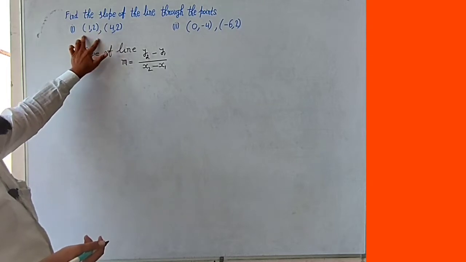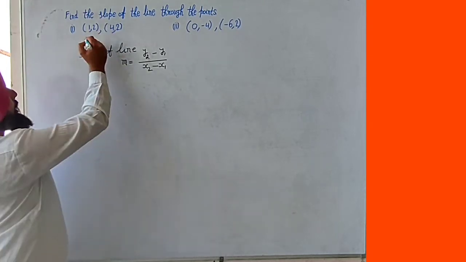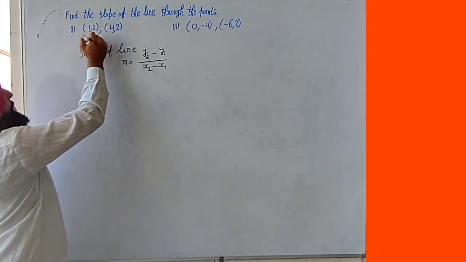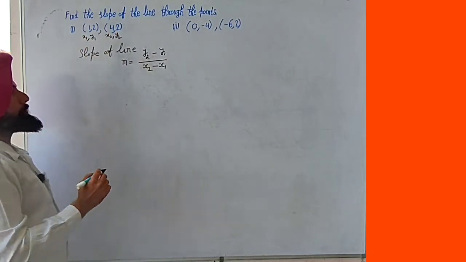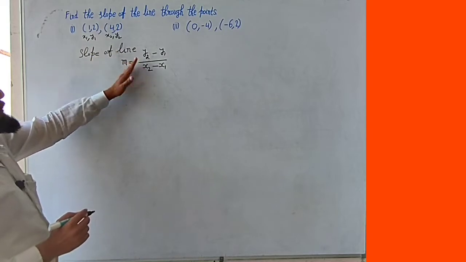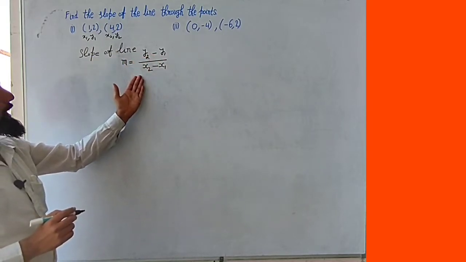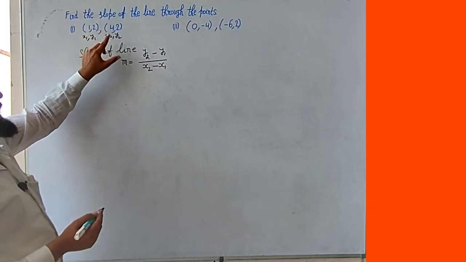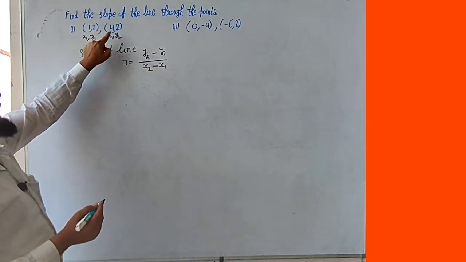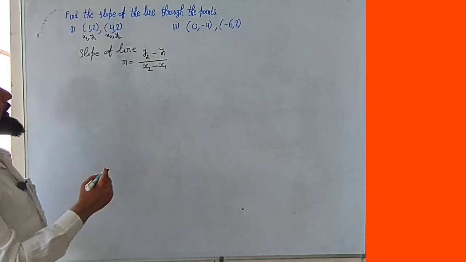Now in the first sum, we put the values of y2, y1 and x2, x1. We get the slope of the first line through points (1, 2) and (4, 2).